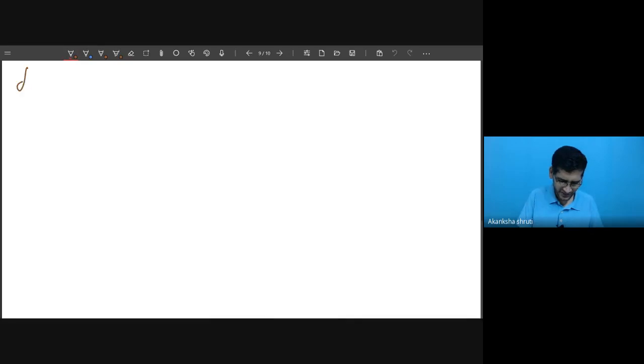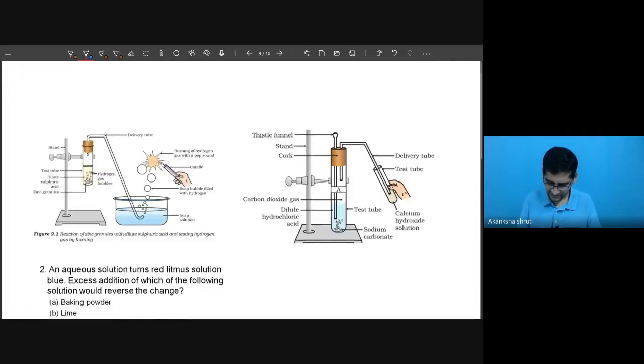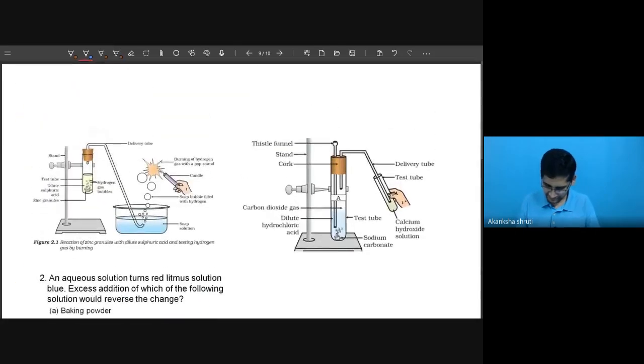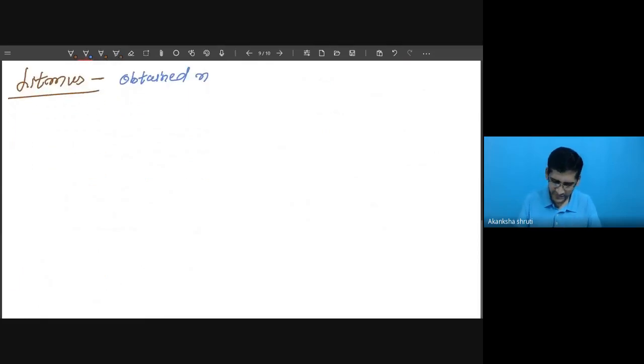So write, what is litmus? It is obtained naturally from lichen.